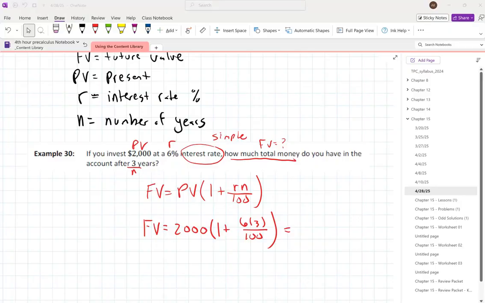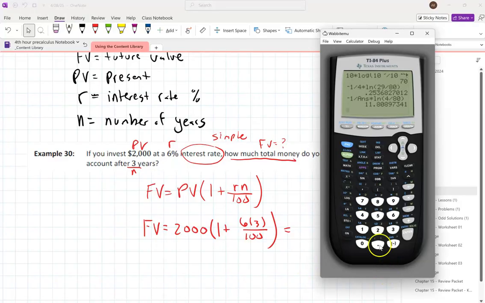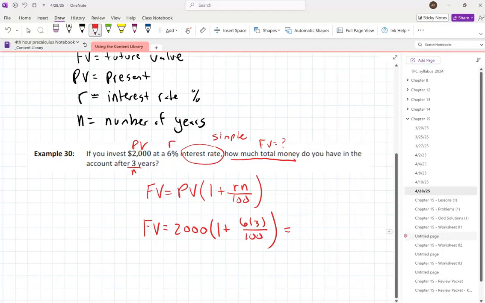At this point, it's calculator time. I get $2,360.